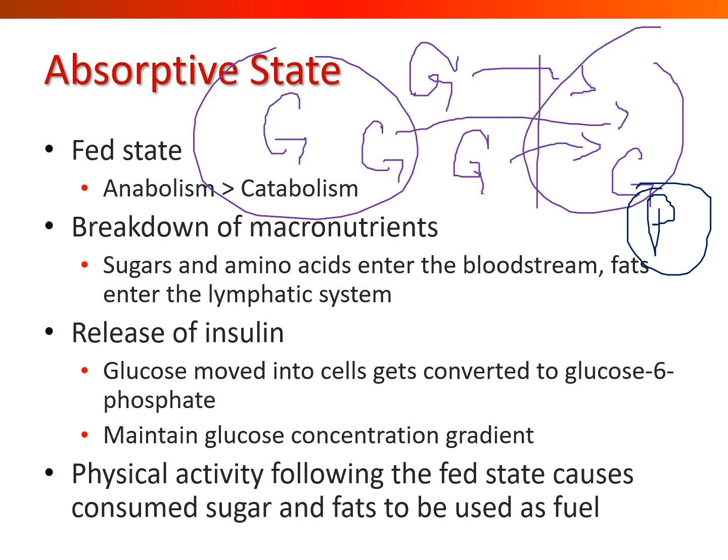So when a cell brings in a glucose, it slaps a phosphate onto it, and that basically changes the molecule, and the concentration gradient remains just with plain old glucose molecules, not glucose molecules that have been phosphorylated.